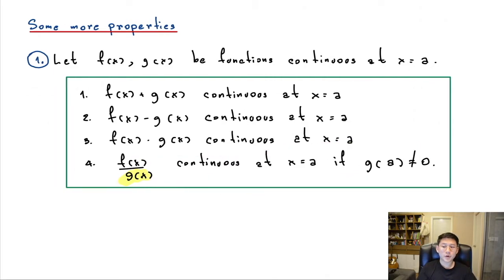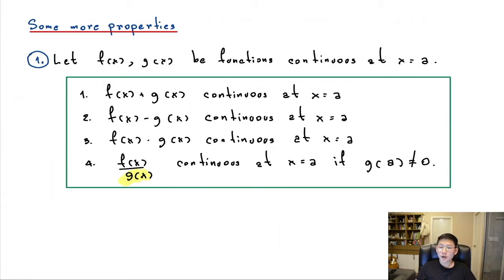So the sum of continuous functions is continuous, f minus g is continuous, f times g is continuous, and f divided by g is continuous when g is not 0 at a.